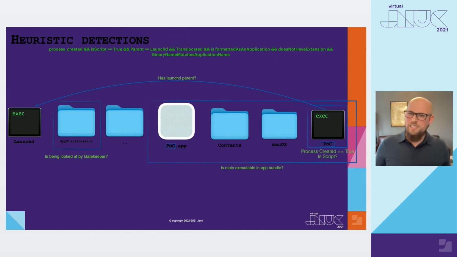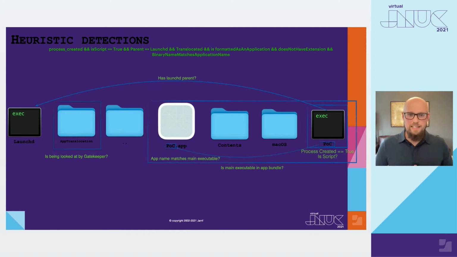We can do this a number of different ways. There are some private APIs you can use to do this if you're doing it on your own. An easy way to perform this check is by checking to see if app translocation is in the file path of the executed script. This is just a temporary file path that gets created anytime you double-click a program for the first time after downloading it. So this is our next check.